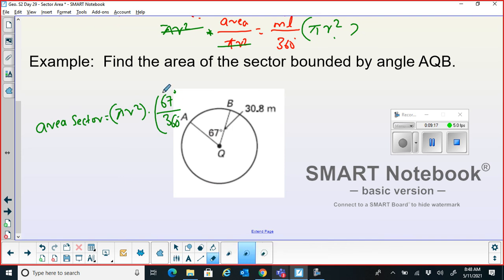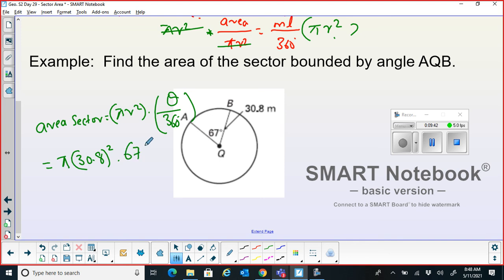I was writing just the formula, so I'll write theta, the angle made by the sector, divided by 360 degrees. Let me substitute whatever I have now. I have the radius, which is 30.8, so pi times 30.8 whole square, and the angle made at the center by the sector is 67 degrees divided by 360 degrees.